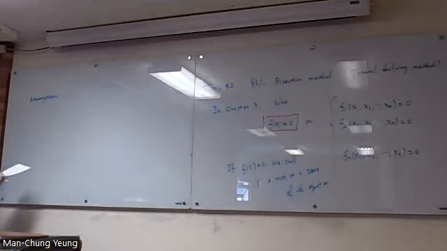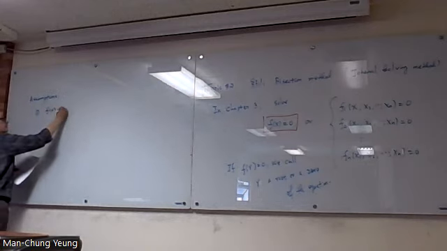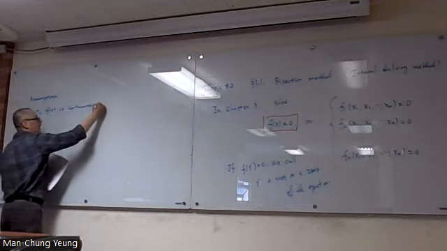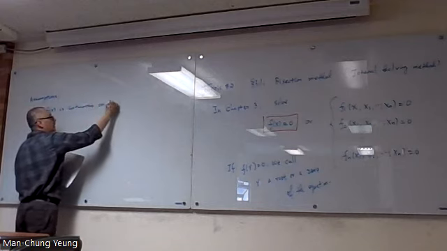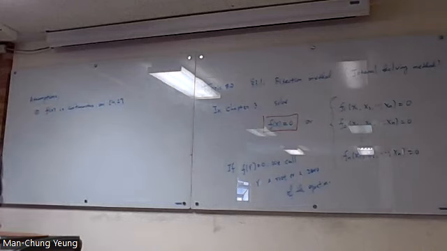First one is we assume the function is continuous over interval AB. But in practice, we have a function and no guarantee we know the function is continuous.